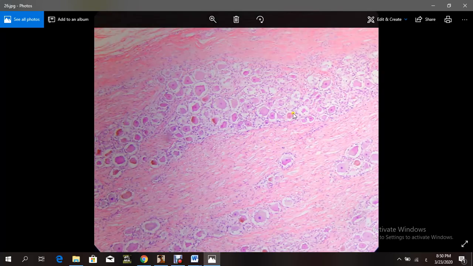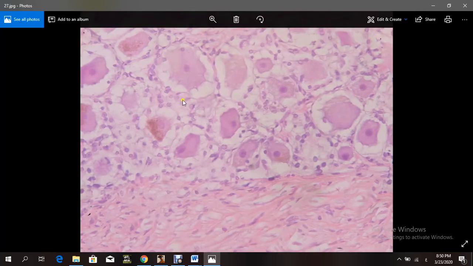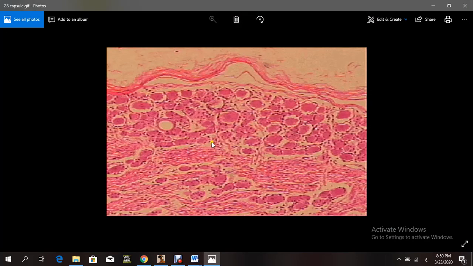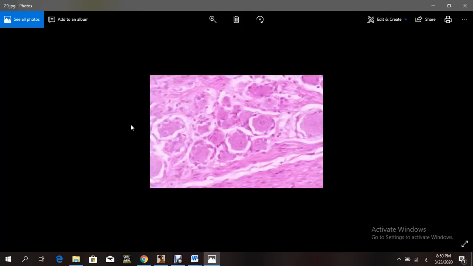At higher magnification, those are the unipolar neurons of the dorsal root ganglia. As we can see, they are aggregated in almost one part of the ganglia. At higher magnification, those are the perikaryon of the dorsal root ganglia. Again, those are the neurons of the dorsal root ganglia.